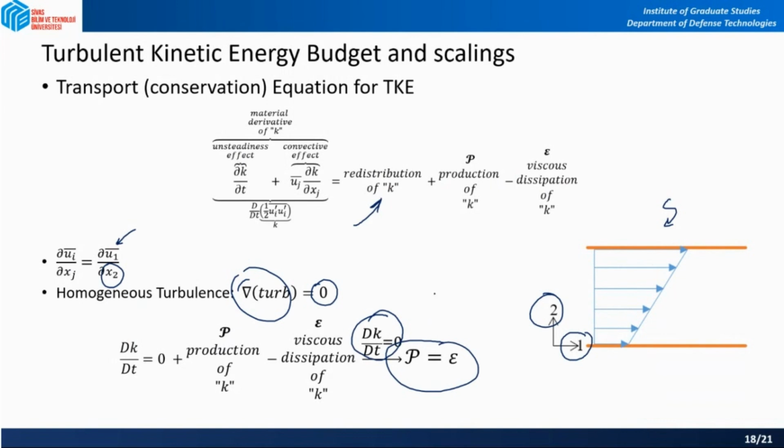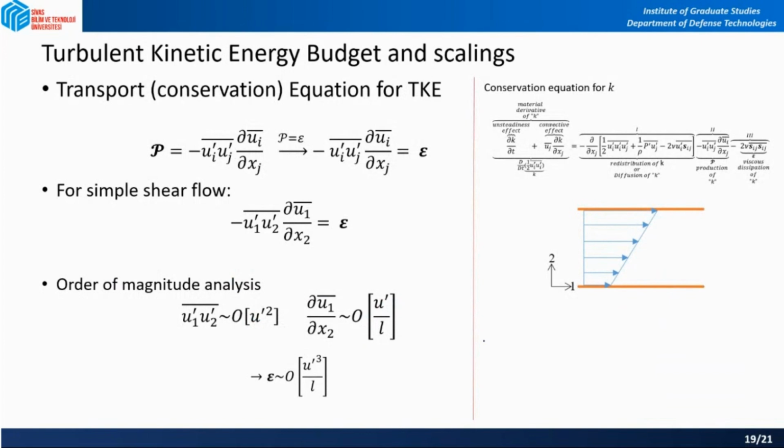But let's assume that if it stays constant in time, then your production will be equal to dissipation. Actually, this is the production rate, this is the dissipation rate. Okay, rate of production, rate of dissipation. So in the turbulent kinetic energy transport equation, the conservation equation for k, I mean, you remember that you defined the production as this term 2.